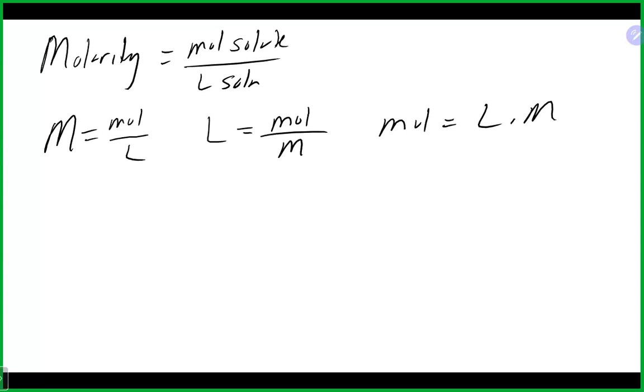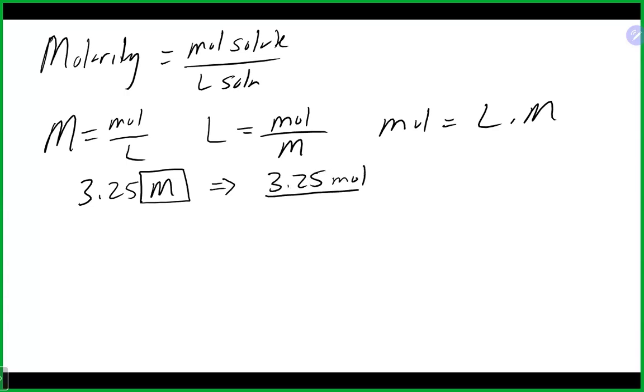Now, one of the things that's really important, and where people miss the whole volume part of the concentration unit, especially with molarity, is that if you're given the molarity, you do want to turn it into more of a conversion factor. You can show both of the units, moles per liter.